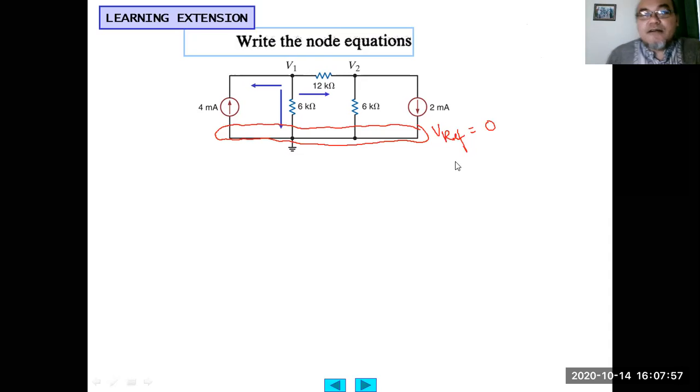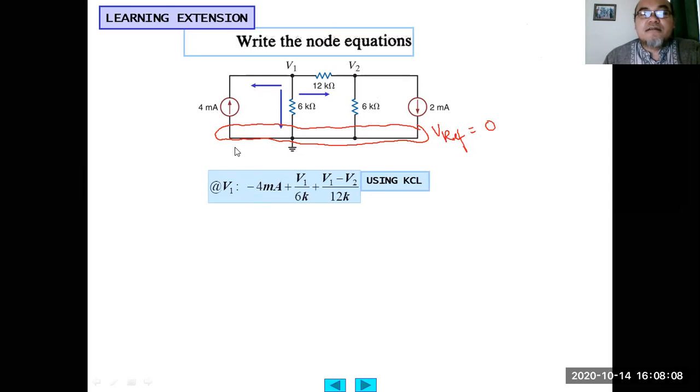So let's now write the node equation at node 1. Imagining that the current is flowing out from node 1, we can write down minus 4 milliampere because this is flowing in, plus (V1 minus 0) divided by 6K, plus (V1 minus V2) divided by 12K.